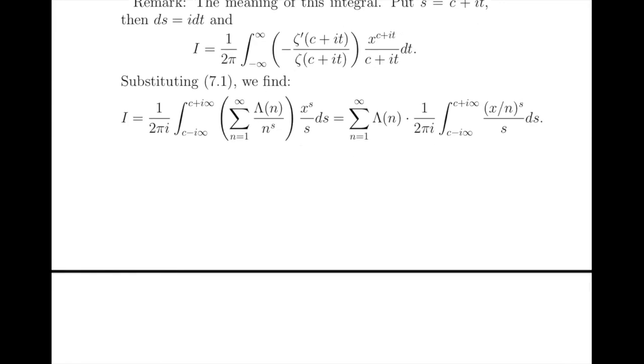And changing the order of integration and summation, we obtain this expression. The summation is over lambda n, and inside there is some complex integration of this form. So we compute this form.